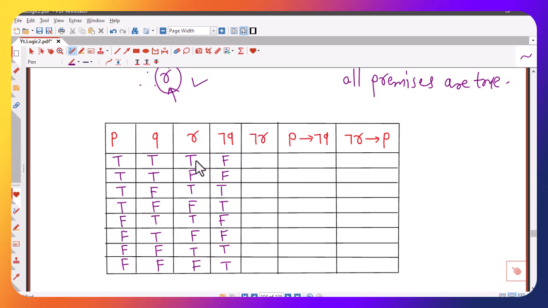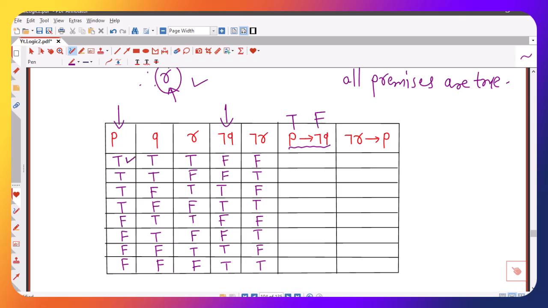Here r starts with t, so negation r will start with f, alternately true and false, f, t, f, t, f and t. Now here I have to write down p implies negation q. So this is the column for p, this is the column for negation q, and we know that this type of conditional statement is false whenever p is true and negation q is false. In all other cases it is true.